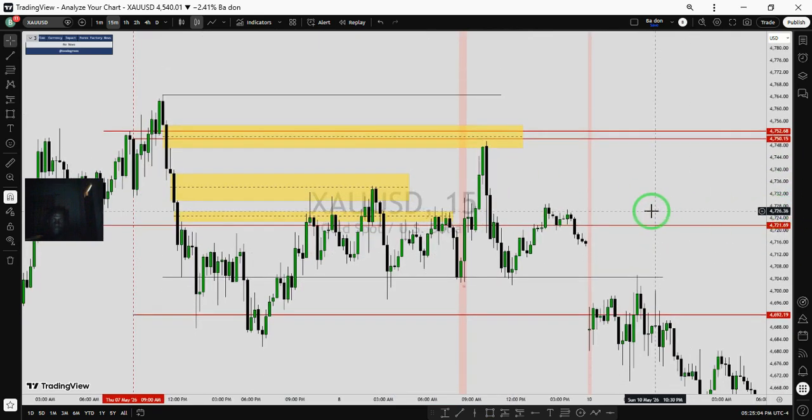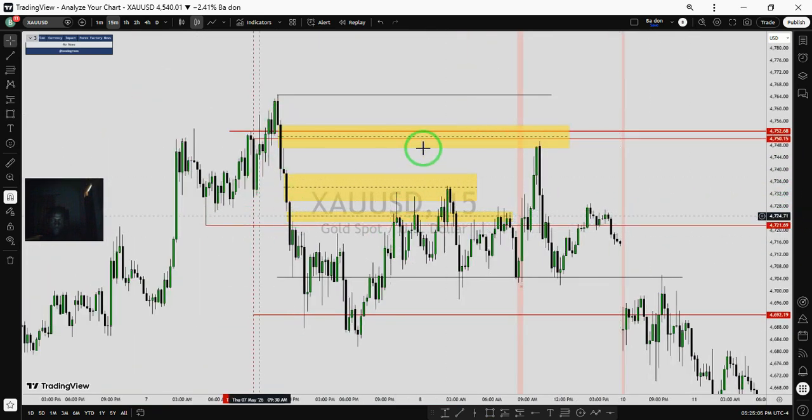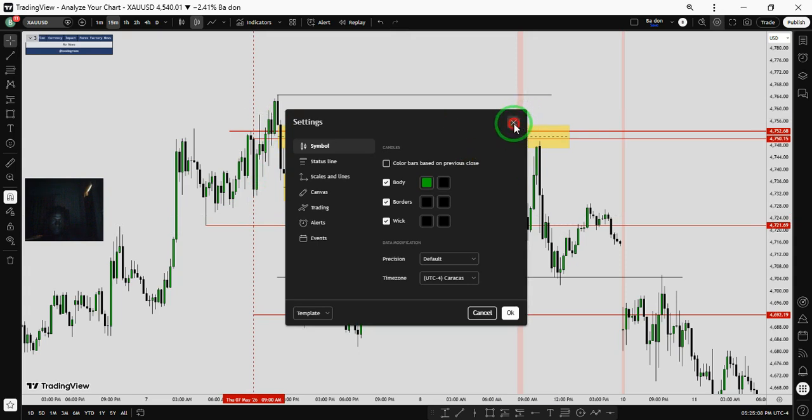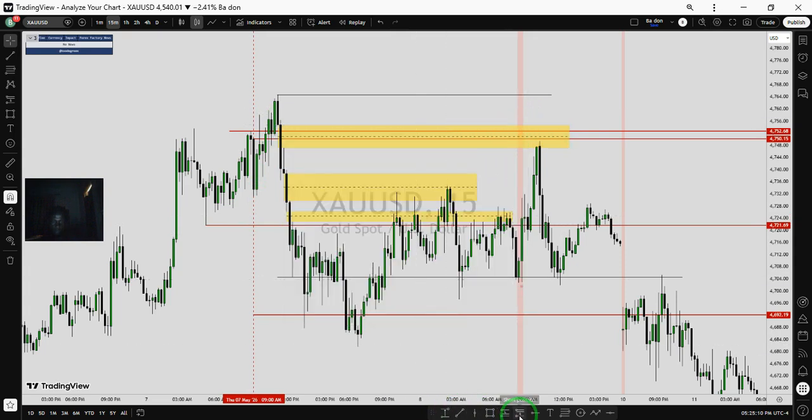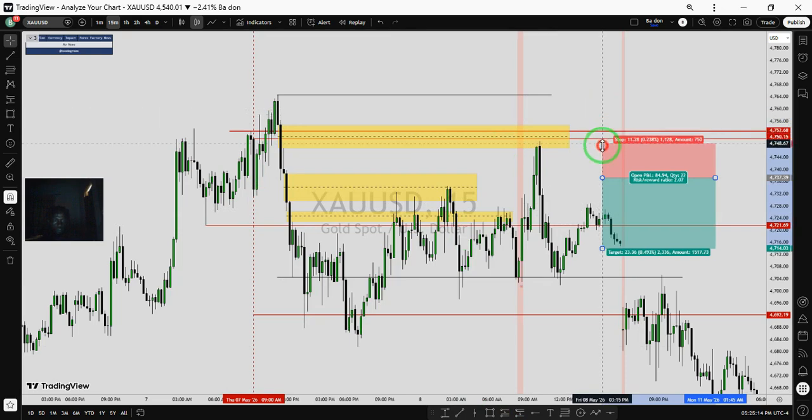And like our rule says, once we have 3 fair value gaps, we are using the base of the first one, right? So we go on a short position using 500 pips stop.